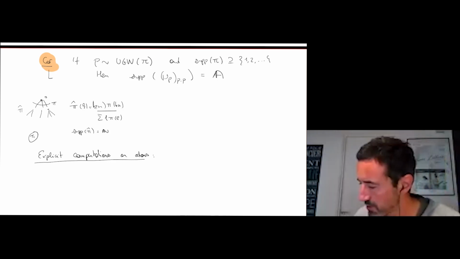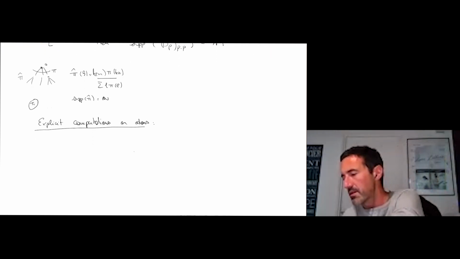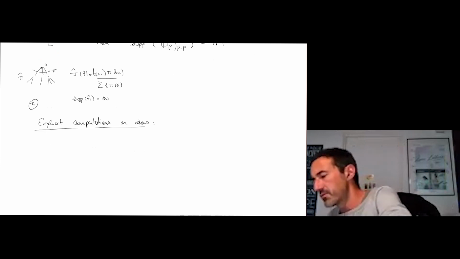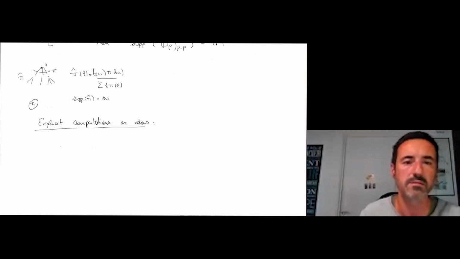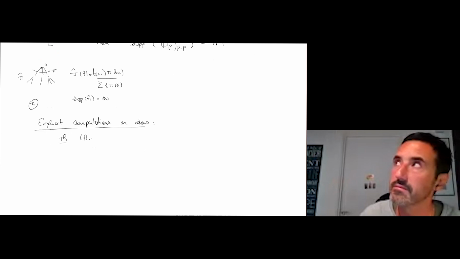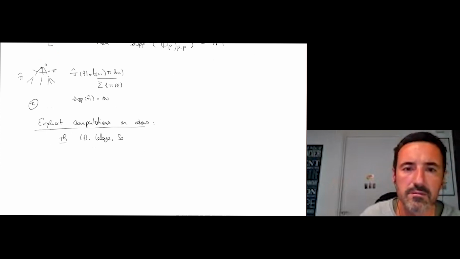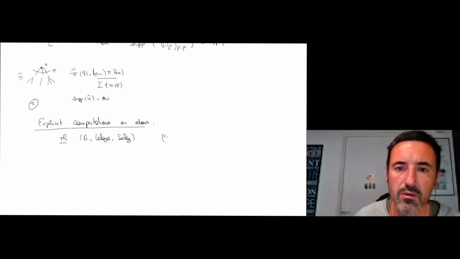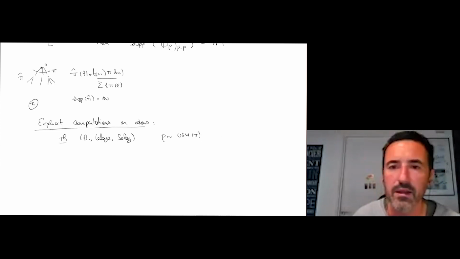I would like to mention one theorem, which I will not prove because I want to focus on something else. It's a theorem which I proved with Lelarge and Salez, which says the following: you take rho, which is a unimodular Galton-Watson tree with probability distribution pi.